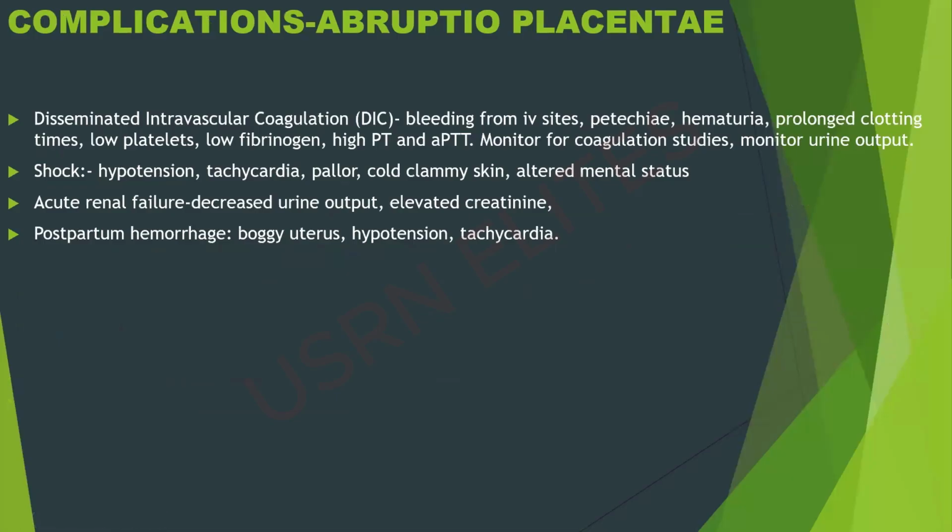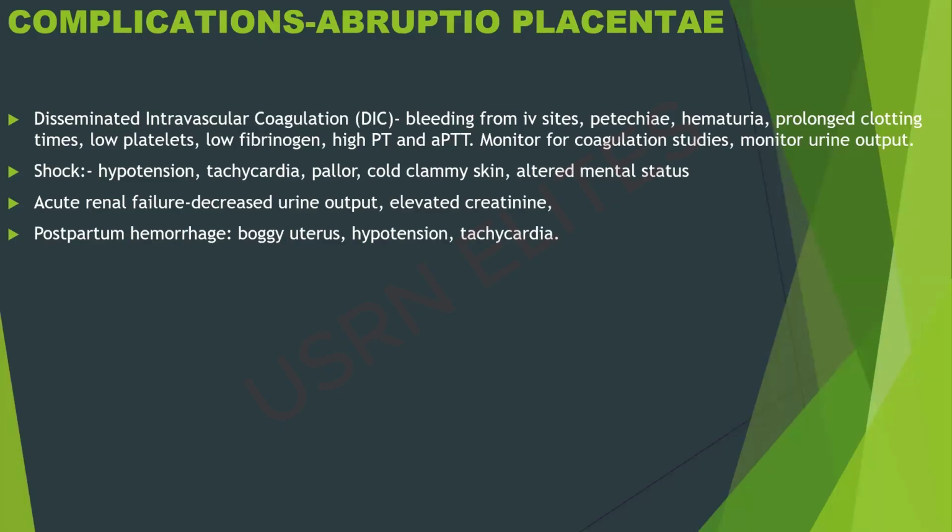What will happen in DIC? Bleeding from IV site, petechiae, hematuria, clotting time prolonged, platelets, the ones you use for clots, and fibrinogen low. PT high, APTT high. And you have to do coagulation studies.